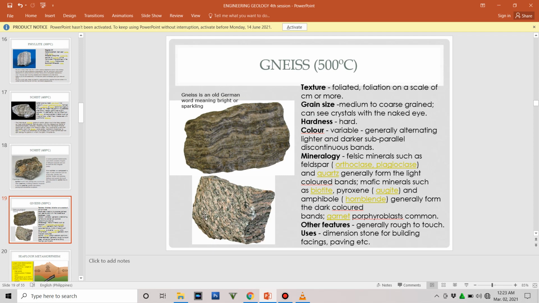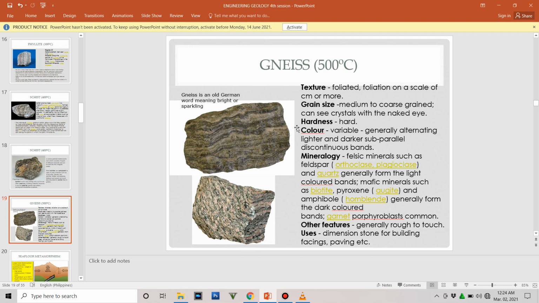So next we have gneiss. So we have a trivia here that this term is an old German word meaning bright or sparkling. Okay. So the texture here is the same, foliated siya, and foliation on a scale of a centimeter or more.